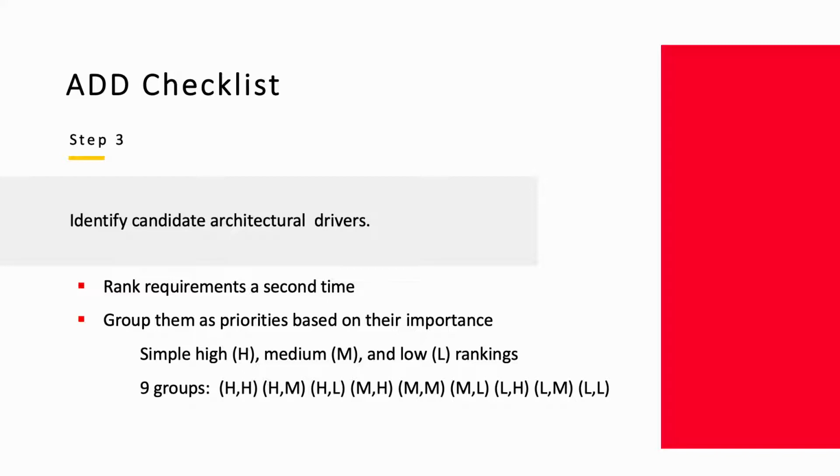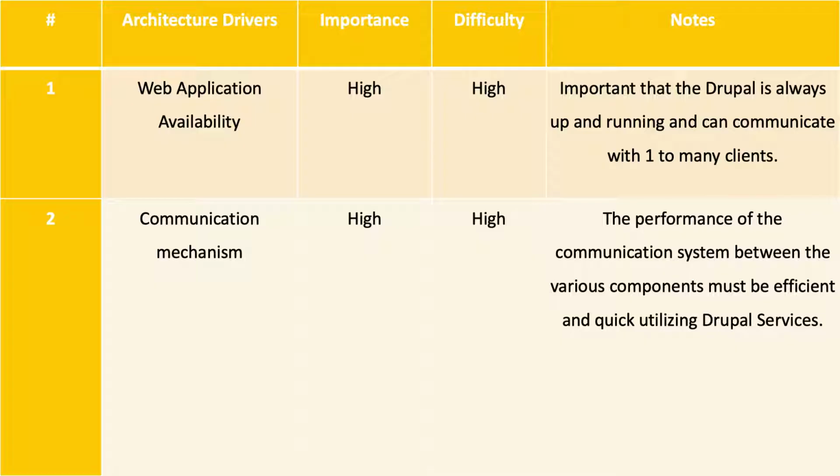And then the second character represents how much of an impact it's going to have on the overall architecture. So for example, if we have these architecture drivers, web application availability, communication mechanism, and you'll have tons of these for any system that you create, then these are two highs, because the importance to the stakeholders is high, and the difficulty is high as well for the engineers to ensure that Drupal is always up and running and can communicate with one-to-many clients.